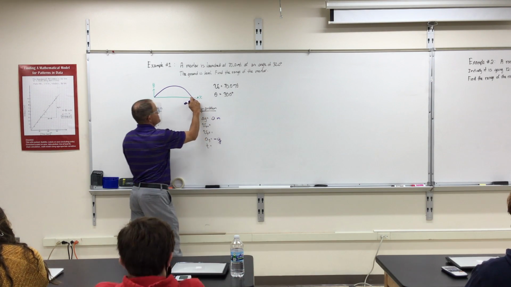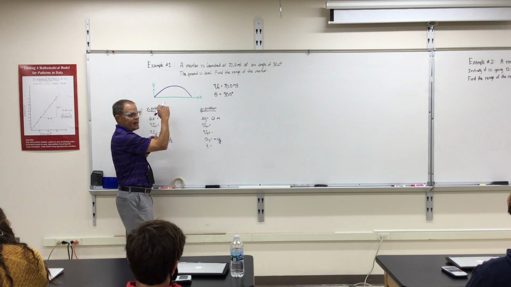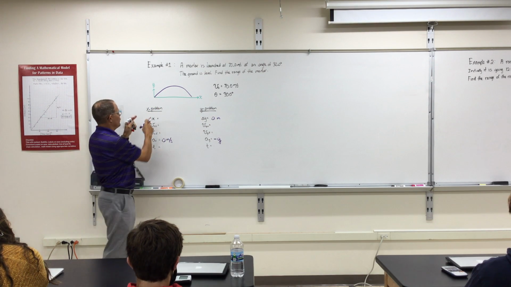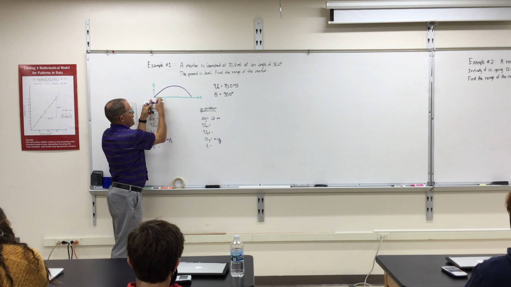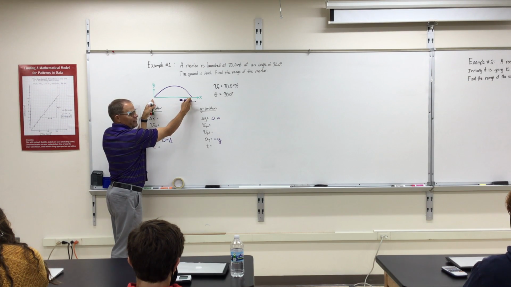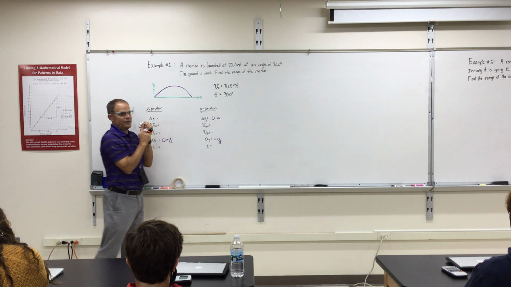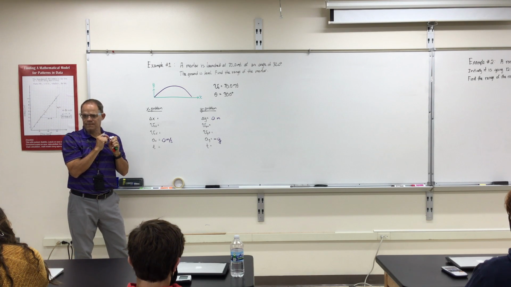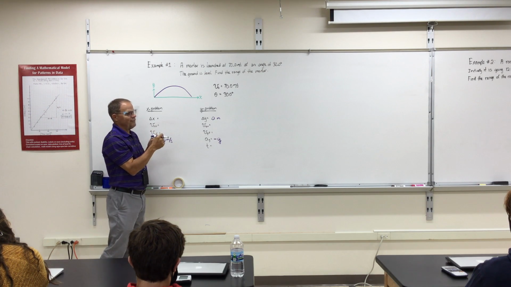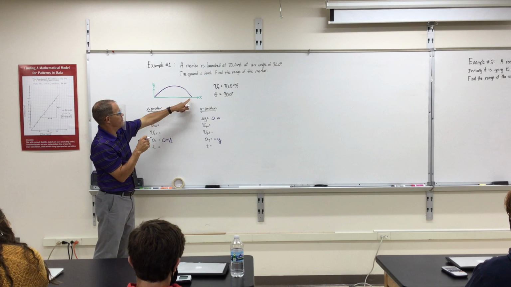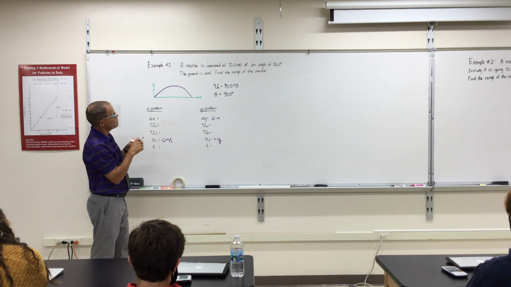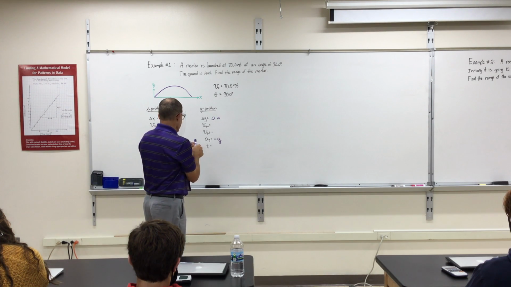It ends at the same height it starts at, in the y direction. Delta x is not 0. It ends over here. It started over here. That's not 0. But delta y is 0 in this case. You see that? So delta y is y final minus y initial, which is 0 minus 0. Okay? All right. I think that's all we know.